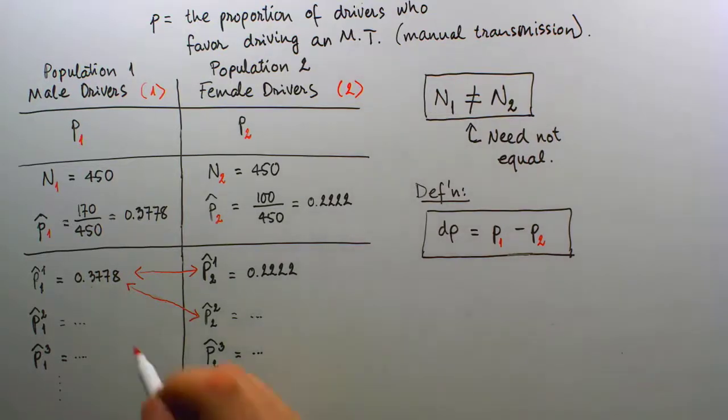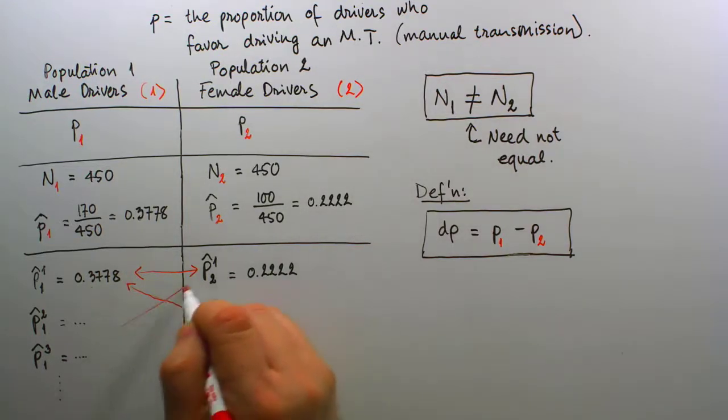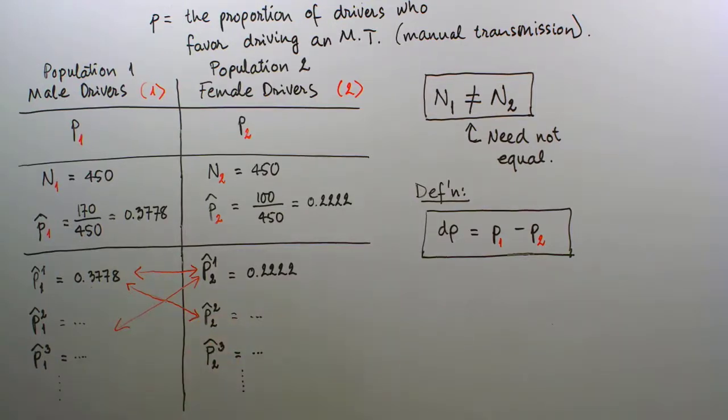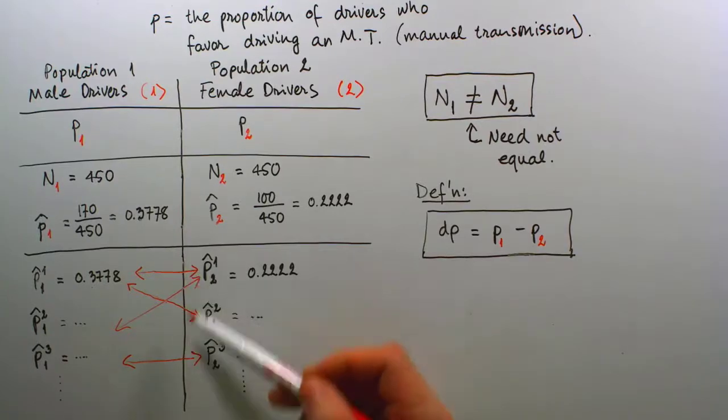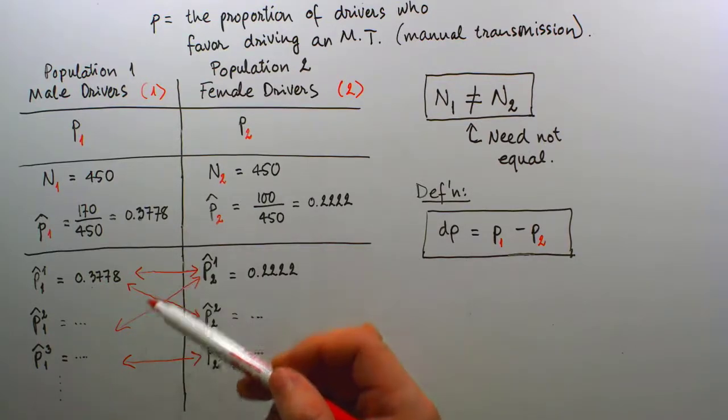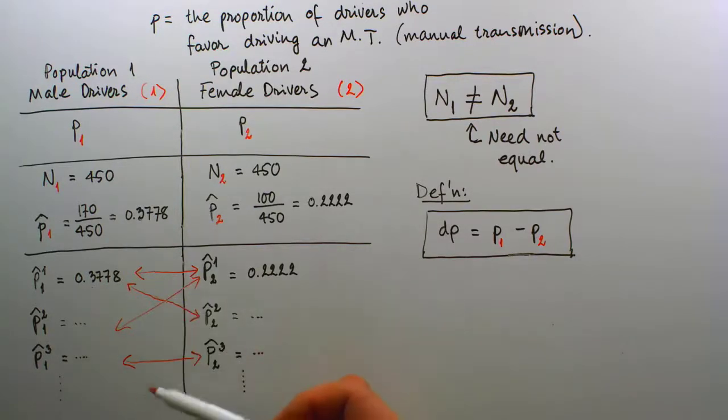And so like that again, I can connect these two samples to create a difference, or I can create a line like this connecting these two samples. And in this way, all of a sudden we realize we can have infinitely many values, where each one of those values is a difference between a sample from population 1 and a sample from population 2.